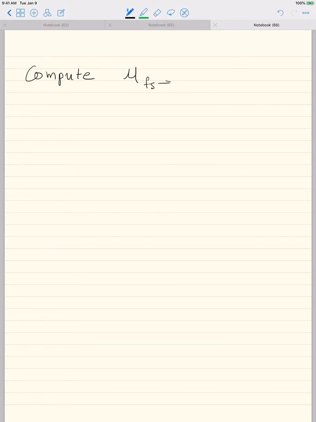So we will now develop a way to compute mu of fs to x recursively. So fs is connected to x.